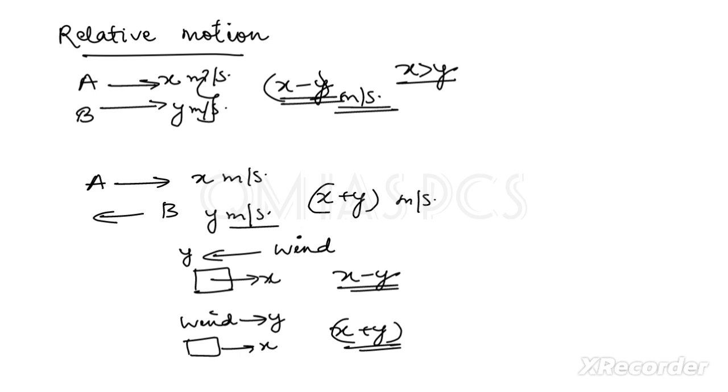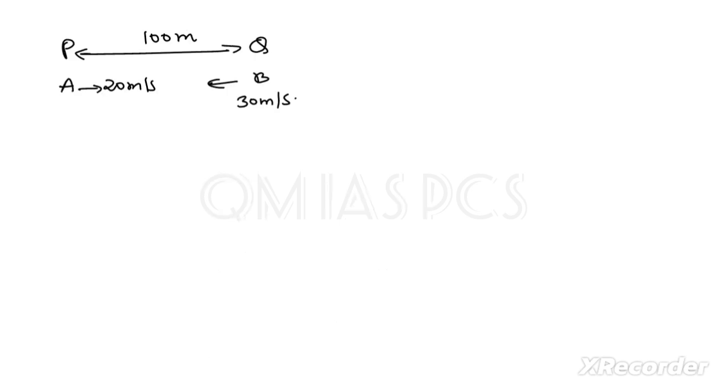Let's see if there is any numerical based on this relative motion. There is a simple question: two locations P and Q are given, and the distance between P and Q is 100 meter.